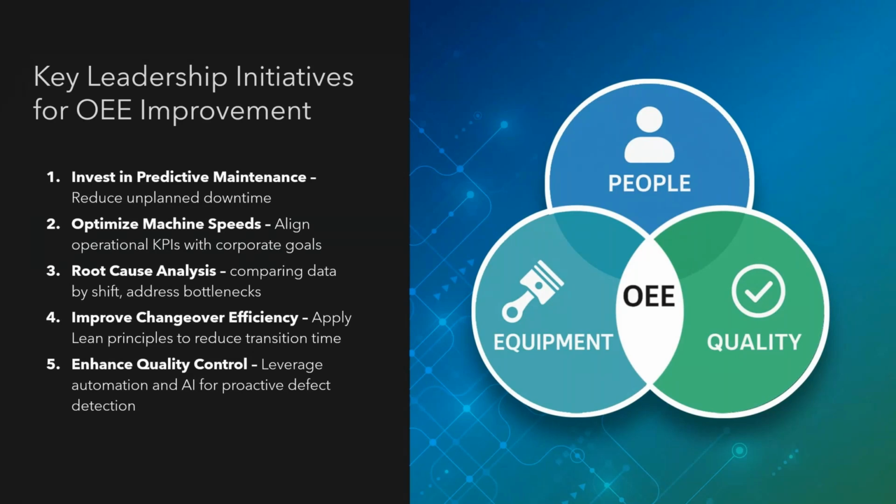Changeover efficiency, and insight into that changeover efficiency, is another part of OEE. Often these are gaps when we have manufacturing processes that are running multiple SKUs or require different tooling. This changeover can be kind of a black box of time.